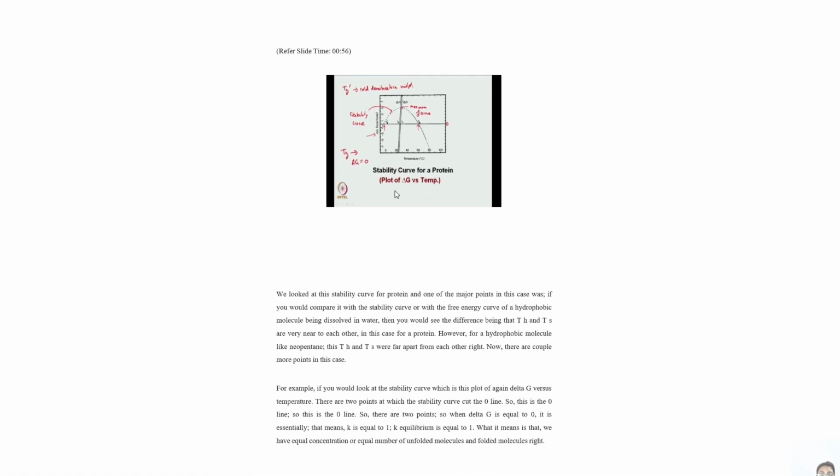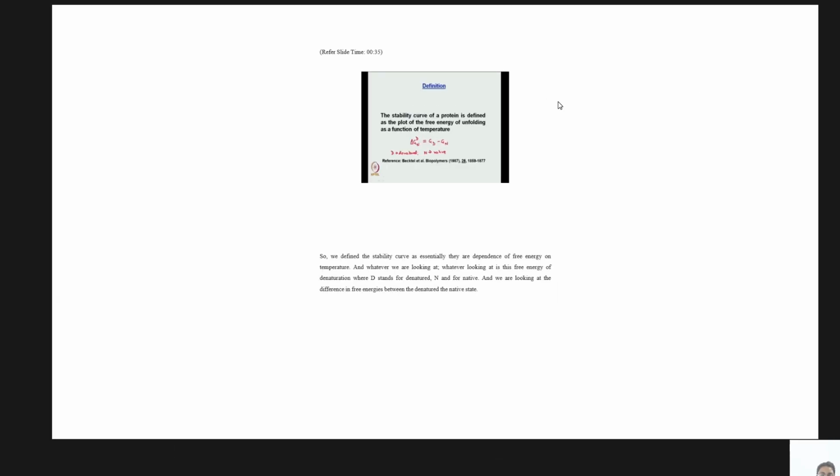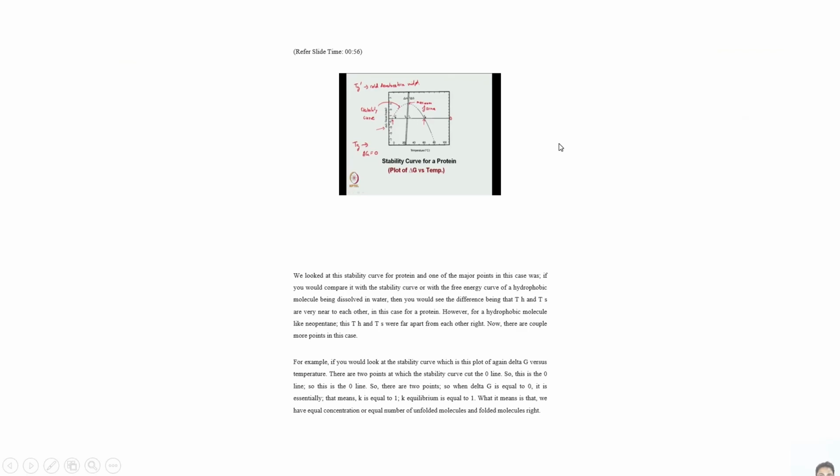There are a couple more points in this case, right? If you look at the stability curve, which is this plot of delta G versus temperature, there are 2 points at which the stability curve cuts the zero line.